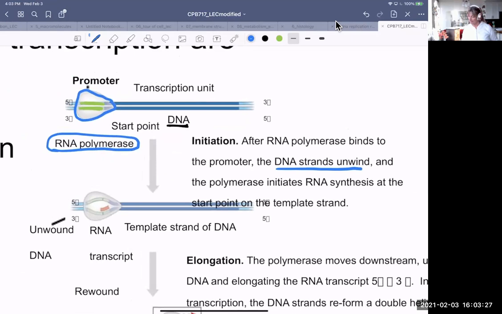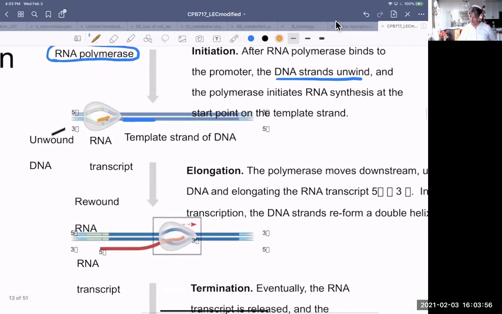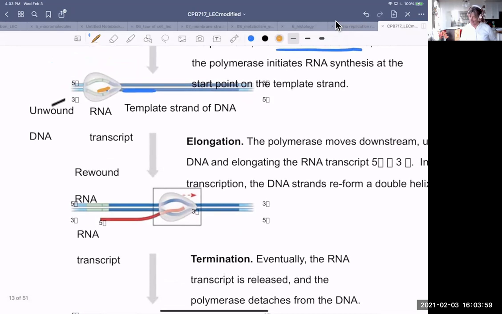So the template is the one DNA strand. In this case, it's this strand. And here is the new RNA strand being synthesized. That's the start of it all.